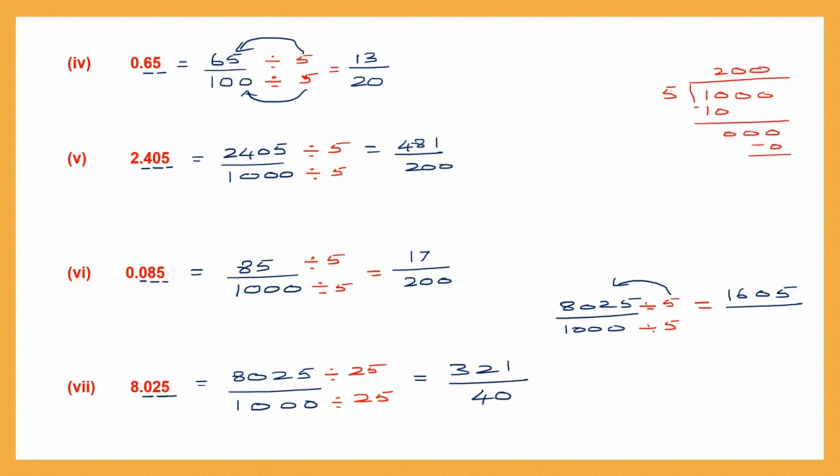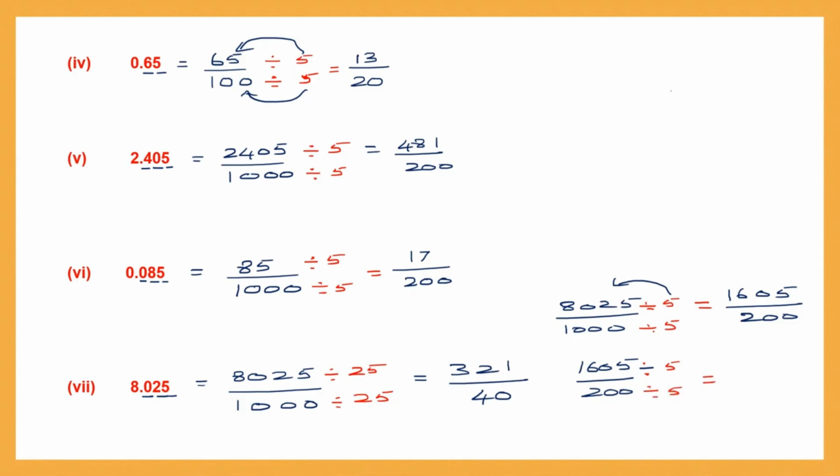So that is 200. So here in the denominator we have 200. So now we've got 1605 by 200. Now even that can be reduced. That has to be reduced to the lowest term. So 1605 by 200. Now to reduce it to the lowest term, we have to divide it again by 5. Divide both by 5 to reduce it to the lowest term. So let's do that division.